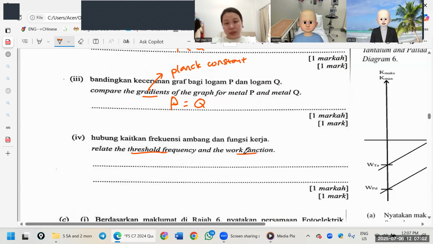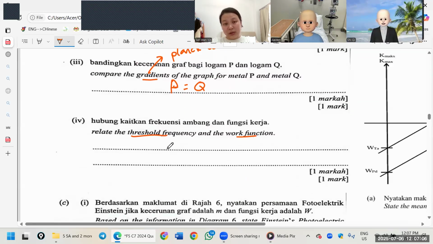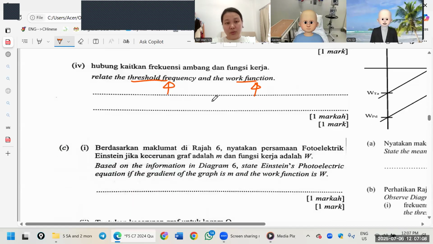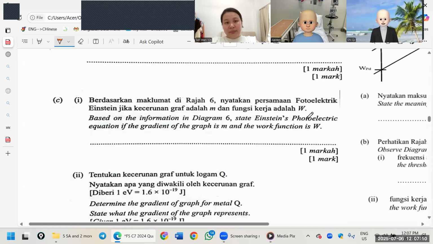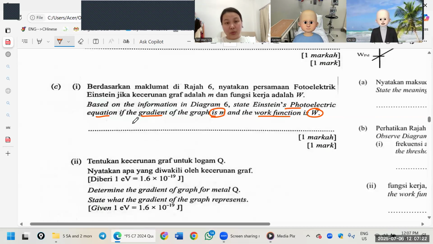Relate the threshold frequency and work function: refer back to the formula, directly proportional. I prefer you do this. Say the Einstein photoelectric equation, if the gradient of the graph is m and the work function is w.